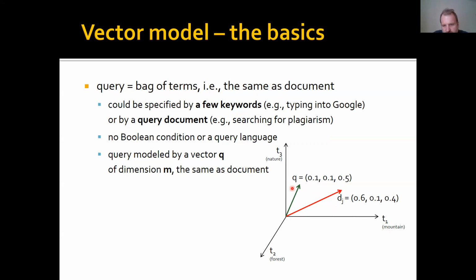So we get, again, a vector. And once we have a vector of the query and vectors of the documents, we can measure the distance between these, and the distance is the opposite of similarity. And then we have the queries defined on top of that, and we can create rankings and do the search.